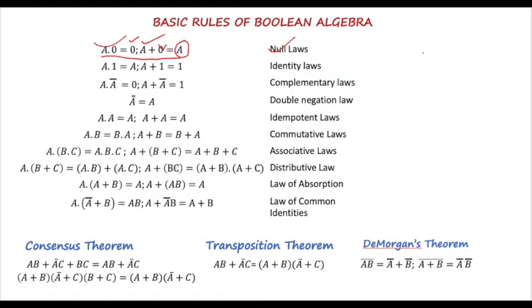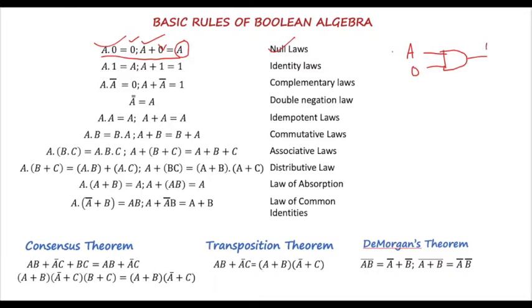Now I am showing you by logic gates. Now I am explaining the laws using an AND gate. Here you can see A is the input of a two-input AND gate and 0 is the other input.